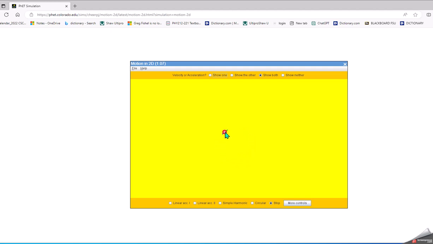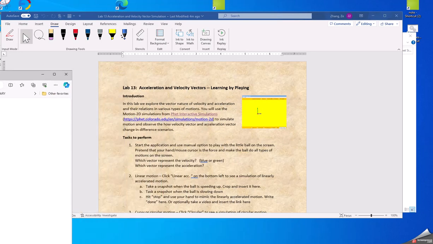So now the first question to you is to realize, by looking at it, observing it, which one is the acceleration vector, which one is the velocity, and then here are the two questions you need to answer. Which vector represents the velocity, blue or green, and which vector represents the acceleration?